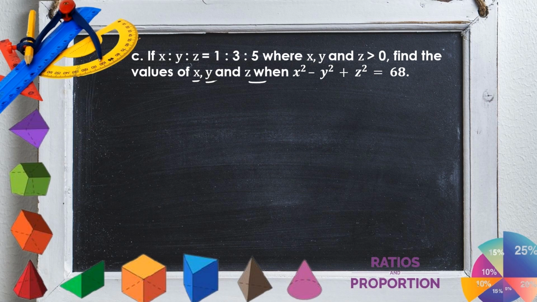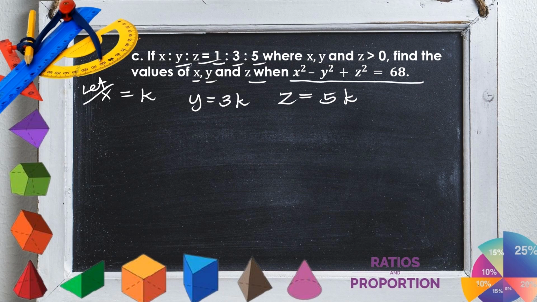So we're going to assign, this one is x is equal to 1, so let's assign k. Y is equal to 3, so let's assign 3k. And then z is 5, so let's assign z as 5k. So after letting these values, we substitute them to this equation. You're given x squared minus y squared plus z squared is equal to 68.